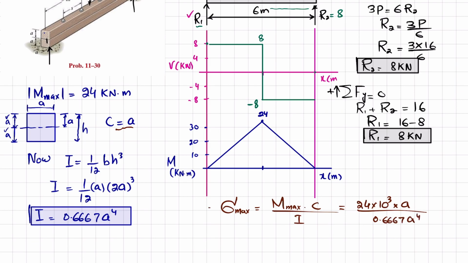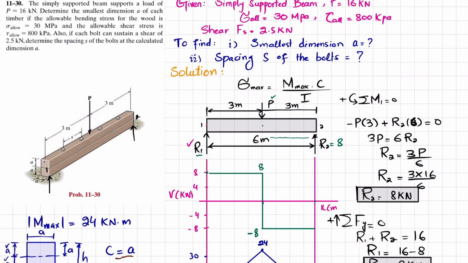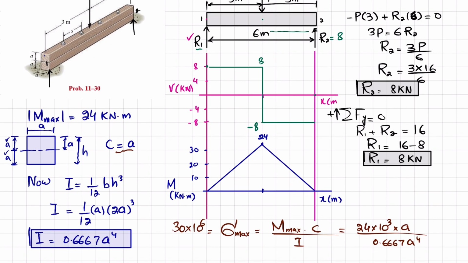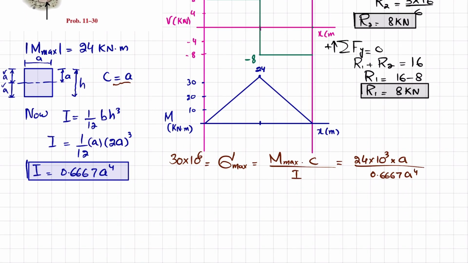And this maximum bending stress, or allowable bending stress, is given as 30 megapascal. So 30 into 10 raised to power 6. So I will write 30 into 10 raised to power 6 is equal to 24 into 10 raised to power 3 A divided by 0.6667 A4.